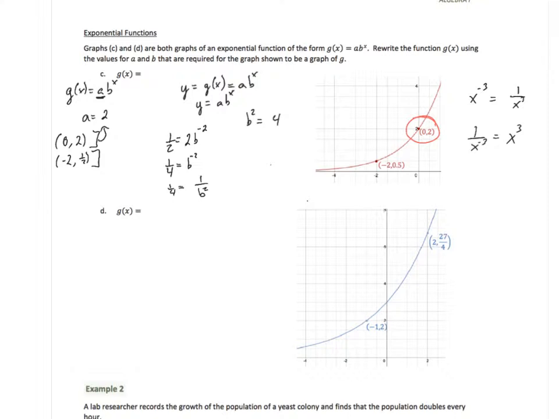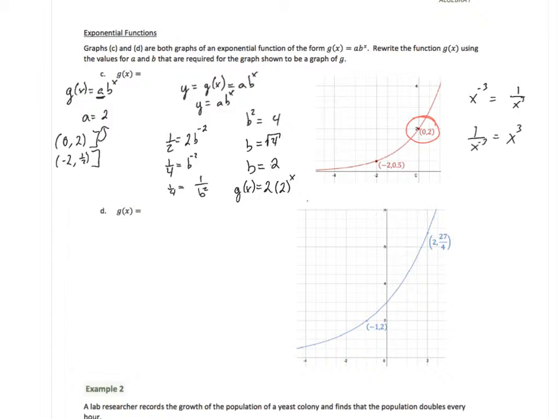So now that b squared equals 4, this is easy. b equals the square root of 4, which I know is plus or minus 2, but I want only the positives here. So b equals 2. And now that I have a and b, I can just write my answer. G of x equals 2 times 2 to the x.